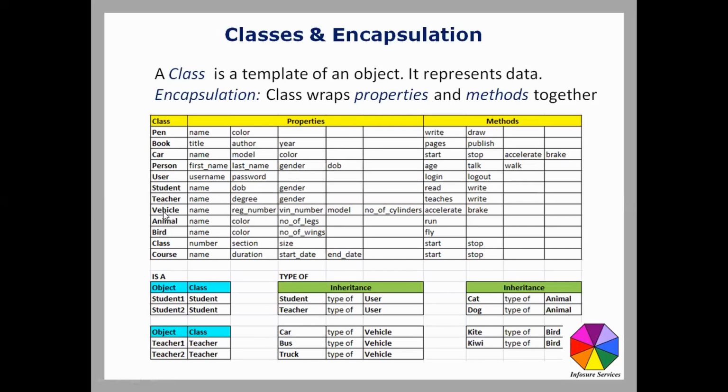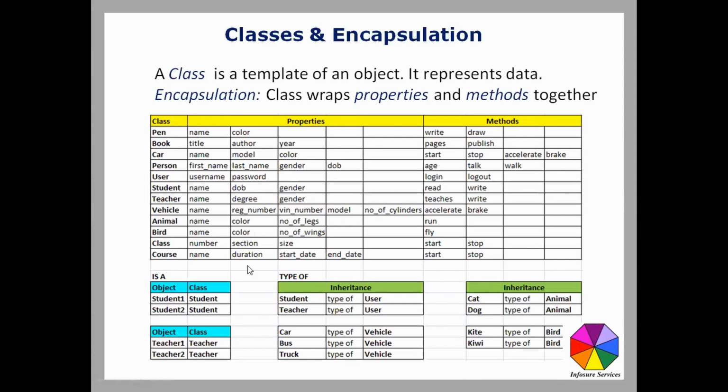Then person, place, student, teacher, and so on, vehicle, animal, bird. An animal could have a name, number of legs, and could run. A bird has number of wings, and a bird can fly. So think in terms of a class having properties and methods, and then individual objects.